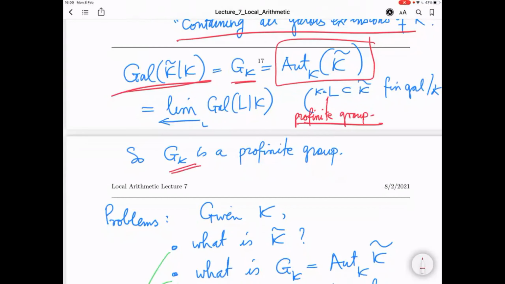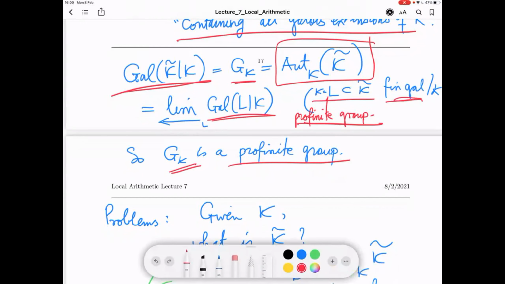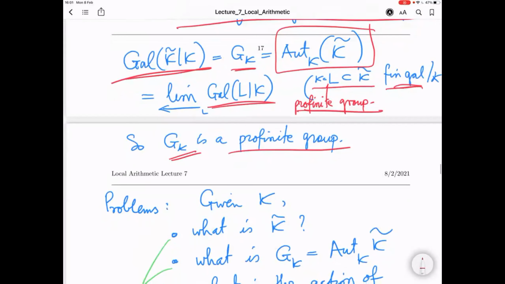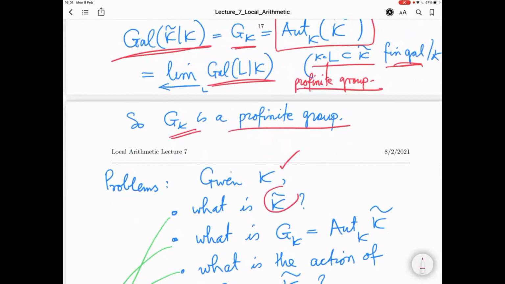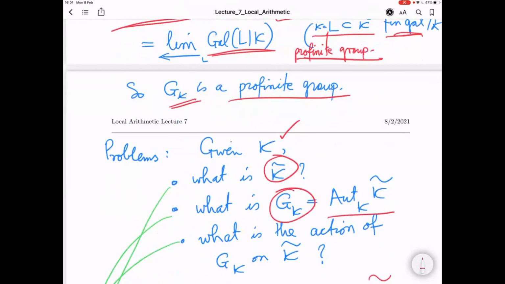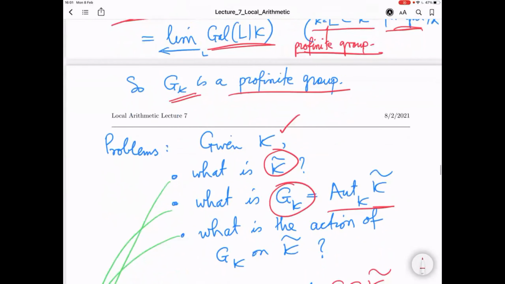So this G_K is a pro-finite group, the inverse limit of all Galois groups where L is a finite extension of K contained in K tilde and it's Galois over K. So basically, given a field K, we have its separable algebraic closure, and we have G_K, which is the group of all K automorphisms of K tilde.